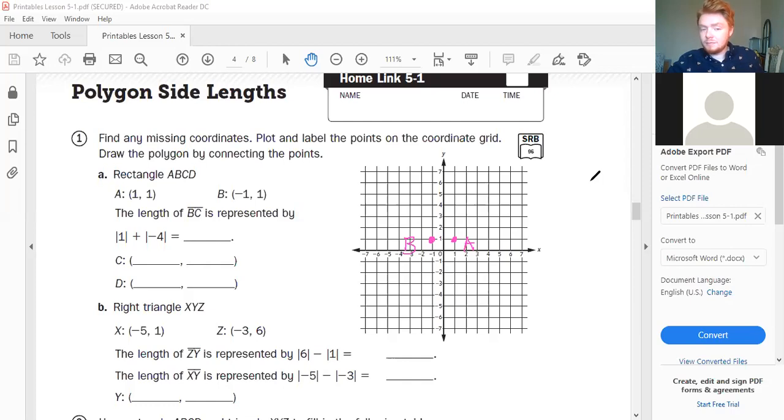Close. So does anybody remember? Oh my gosh. Does anybody remember absolute value at all by chance? I think. Oh. Maybe.